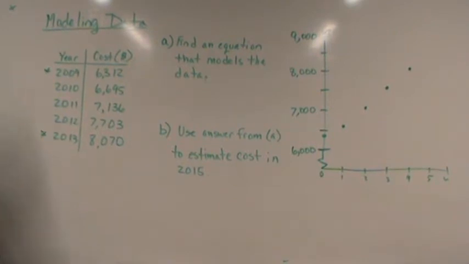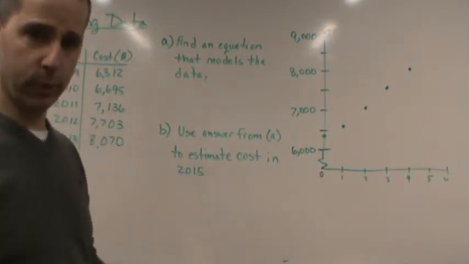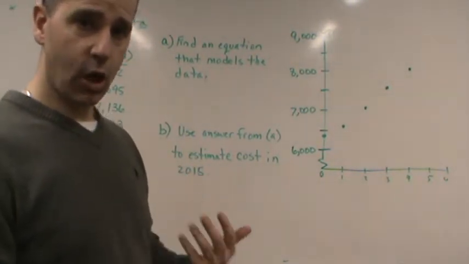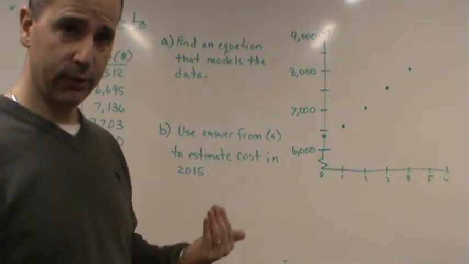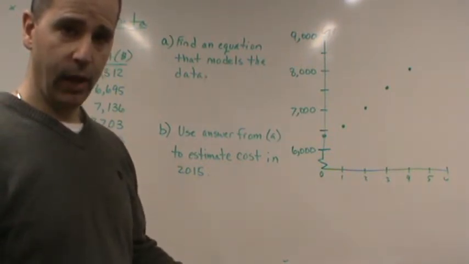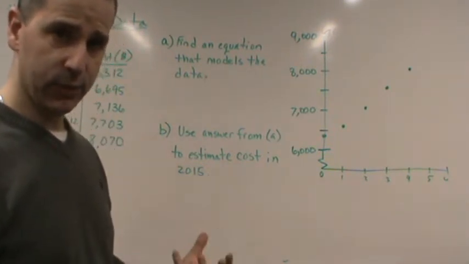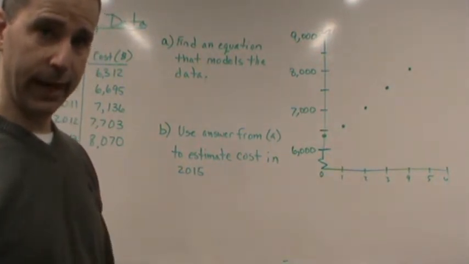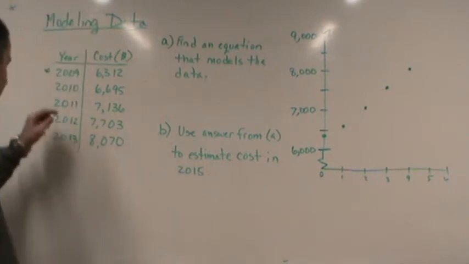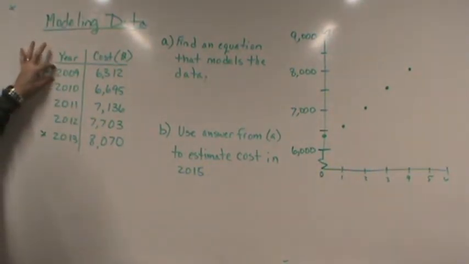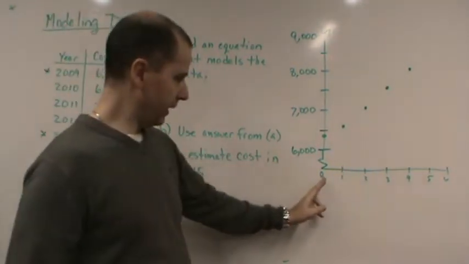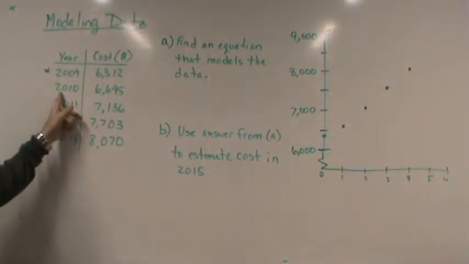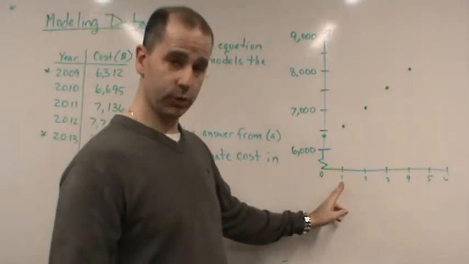Now we first have to define what our variables are. In this case, they're starting at 2009 and counting every year from 2009. They define the x variable, the independent variable, to be the number of years from 2009. So when we're talking about year 2009, x is 0. Year 2010 is x equal to 1.